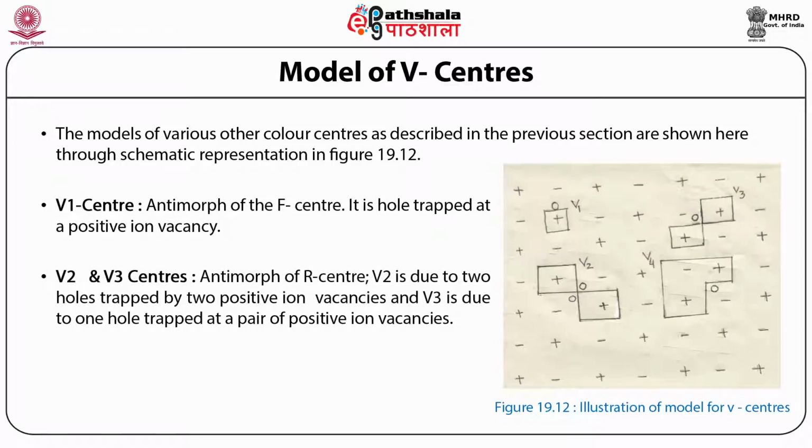V2 and V3 centers are antimorphs of R center. V2 is due to two holes trapped by two positive ion vacancies, and V3 is due to one hole trapped at a pair of positive ion vacancies. M4 center is an antimorph of M center.